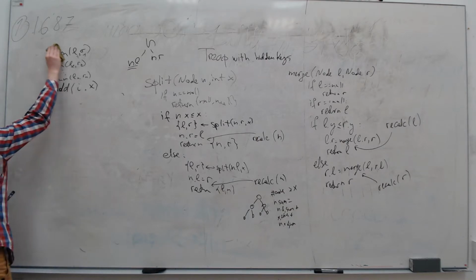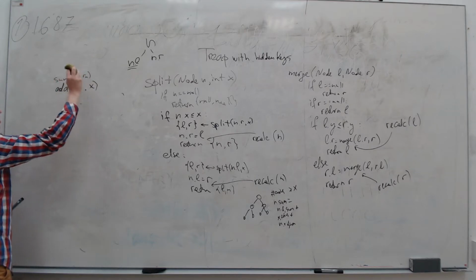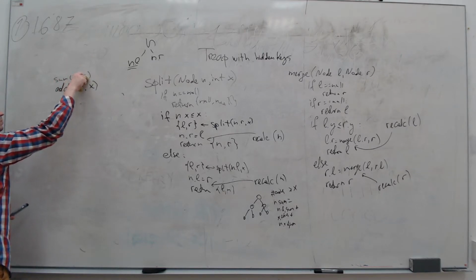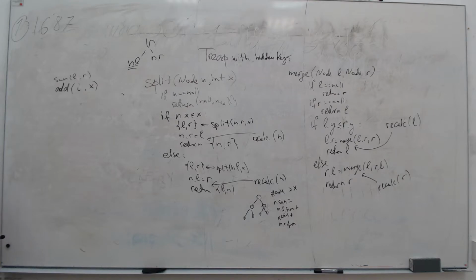You have, please answer me the sum, and please add to the ith element x. So we know how to maintain sum LR. It is simply that we take split, we take the sum from the root, and this will be our sum. But how to add in this whole thing? How to add the value to some specified element I?